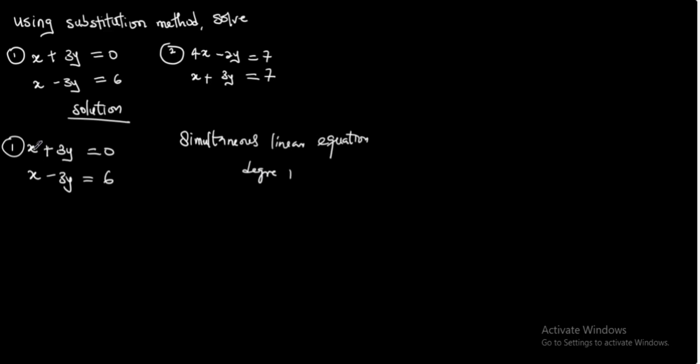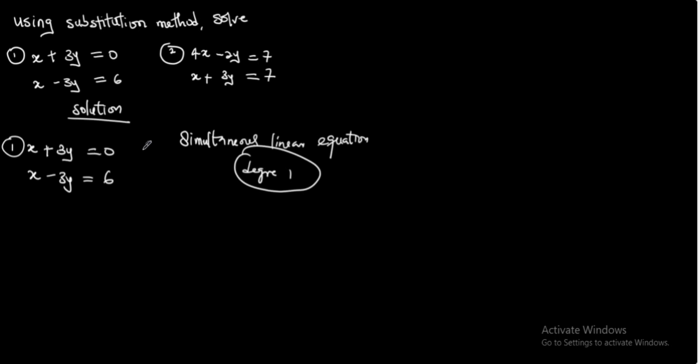If you look at the index, the power of x is 1, because x raised to the power 1 is x. y raised to the power 1 is y. Same thing for x and y. So the highest power in this equation is 1. That is the degree. The degree of an equation is the highest power of the variables in that equation. And a linear equation is a kind of equation with degree 1.